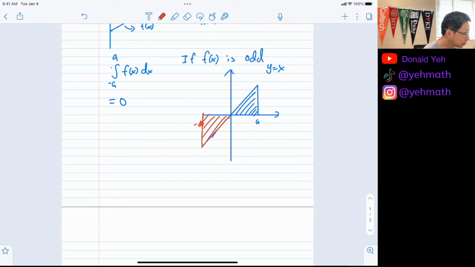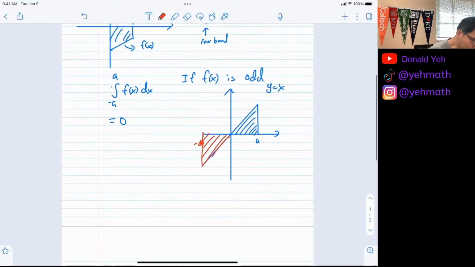Understand or no? Okay. Second thing, if it's between 0 to a of f of x, and f of x is an even function, what happens if it's even?